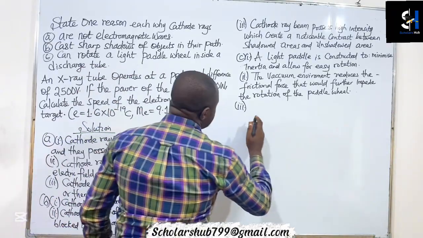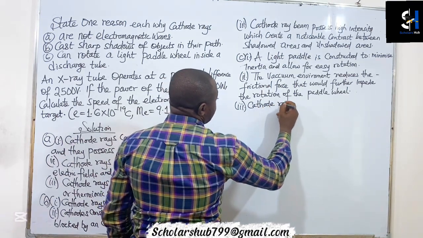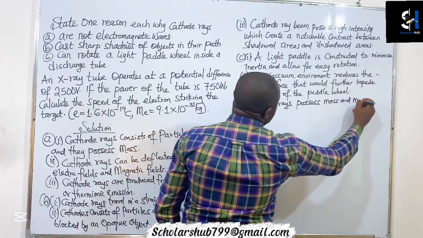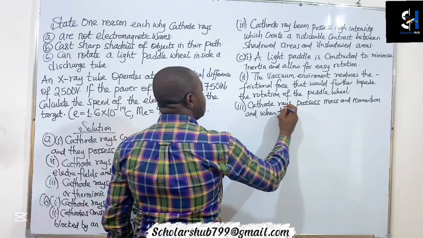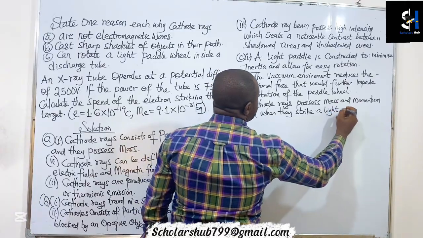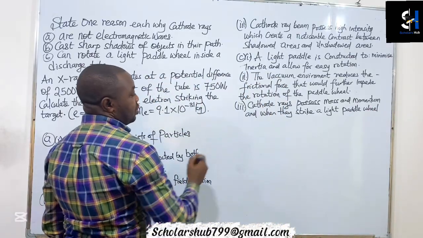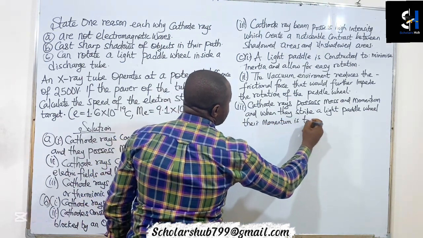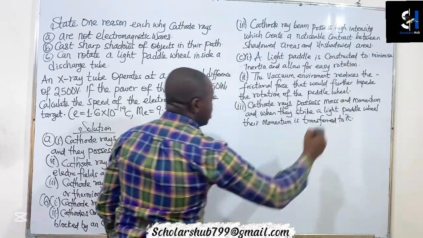So another reason is because cathode rays possess mass and momentum, and when they strike a light paddle wheel, their momentum is transferred to it.